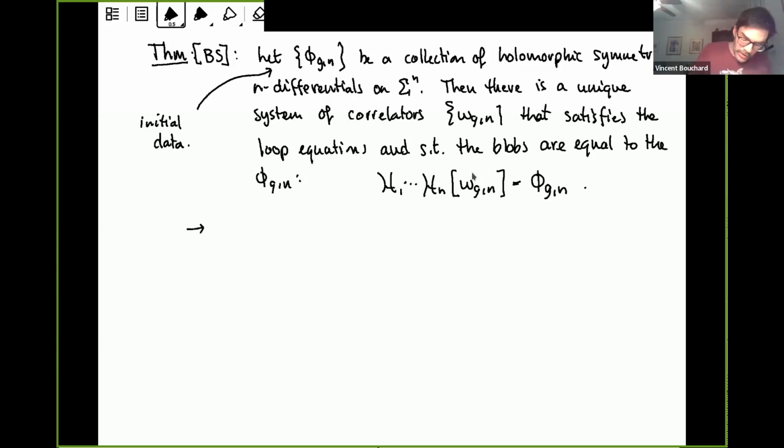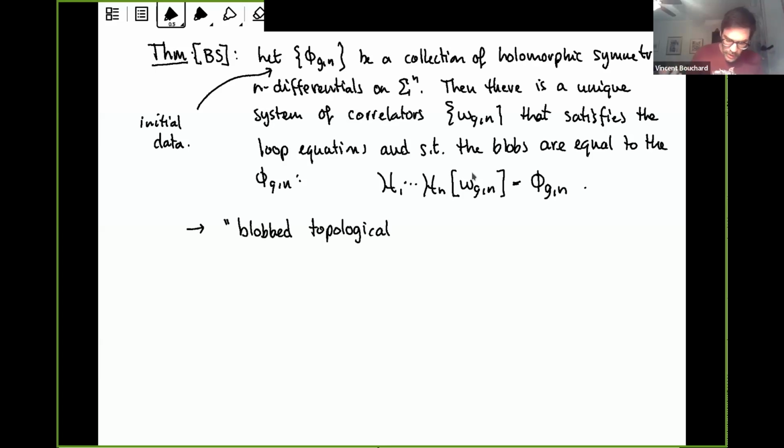And we'll see how we can actually solve it. What happens is you get some sort of recursion, which in this case, very generally, is not really a recursion. Well, it is a recursion, but there's an infinite set of data. So it's not that useful, right? For every g and n, you have a new phi that you need to specify.